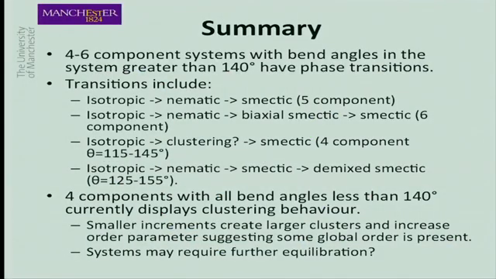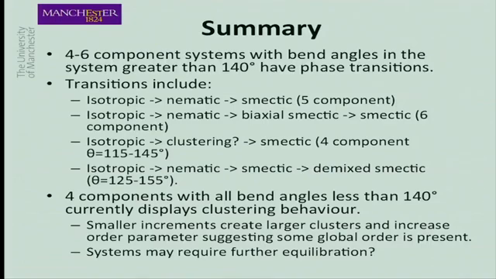So the summary is that the 4 to 6 component systems with bend angles greater than 140 have been found to have phase transitions. For the 5 component, we've had isotropic, nematic, symmetric. For the 6 component, we've had the same but with a biaxial symmetric in the middle. For the angles of 115 to 145, I'm not sure if there's an isotropic then a clustering into a symmetric, or if there's a nematic phase somewhere within there.